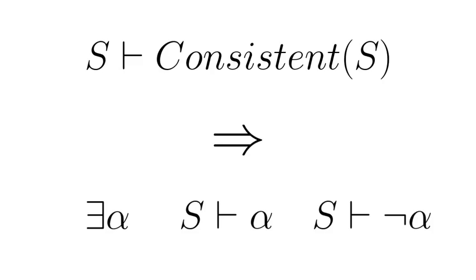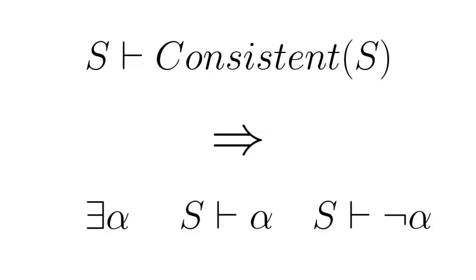Godel's second incompleteness theorem says that if you do manage to do that, to get the consistency of the system as a formula inside the system, then you will not be able to prove that formula. So these are the first and second incompleteness theorems.